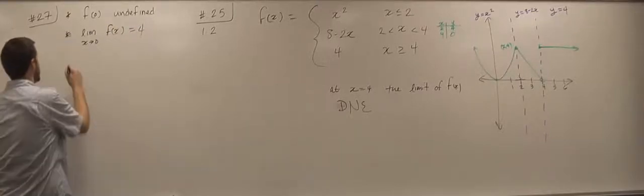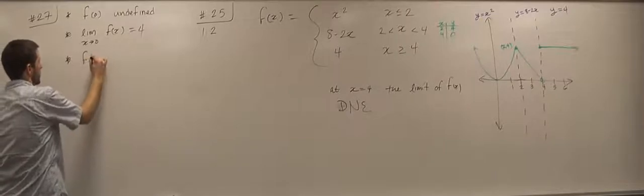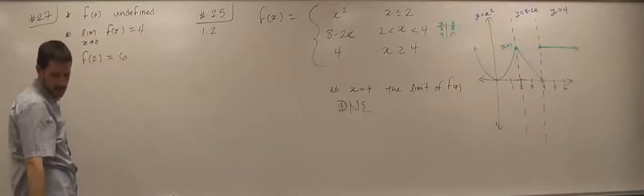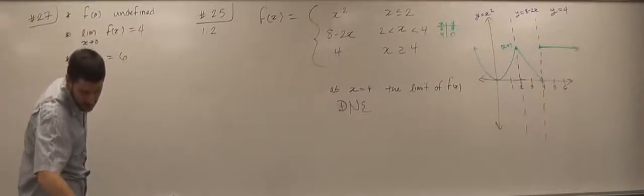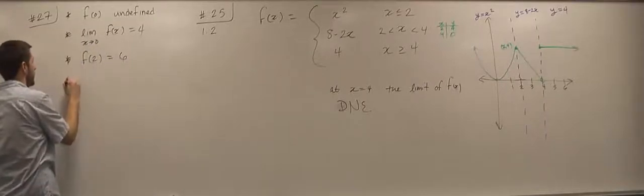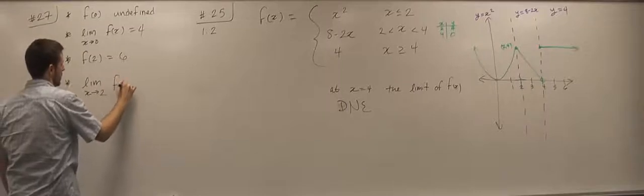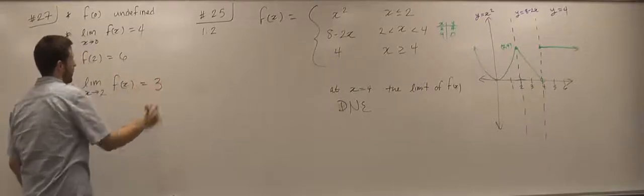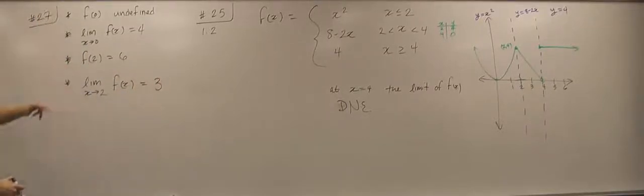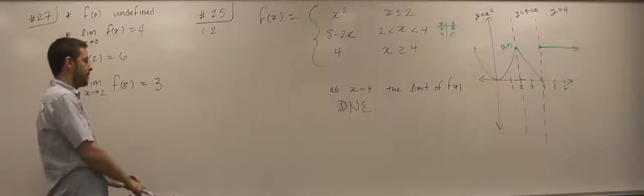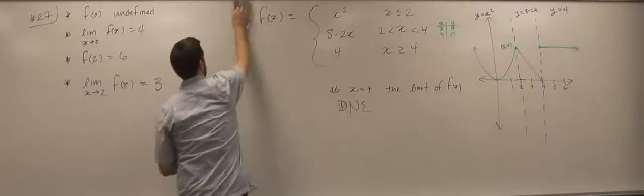F of 2 equals 6. And then the limit as x goes to 2 of f of x equals 3. So they're giving us a bunch of different conditions, and we have to graph a function that satisfies these conditions.